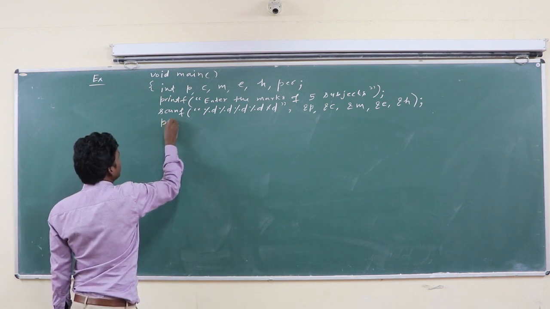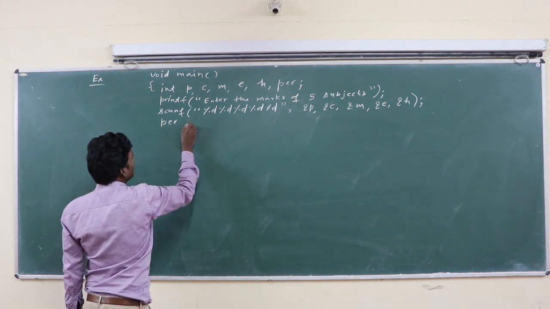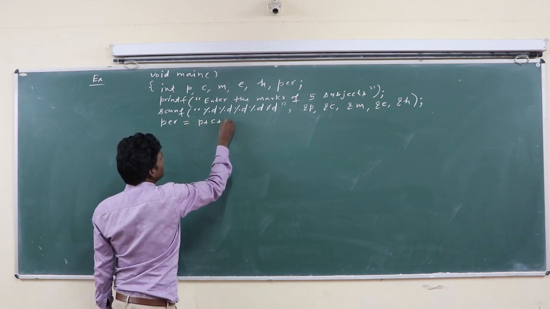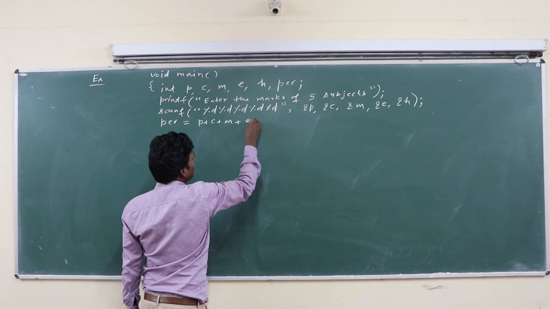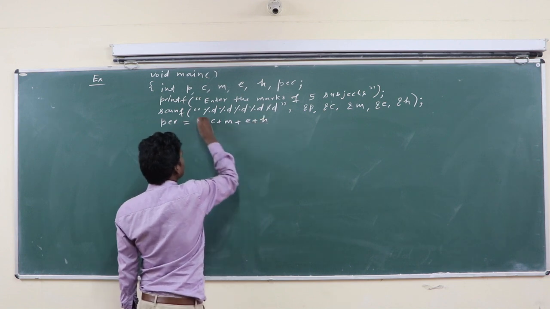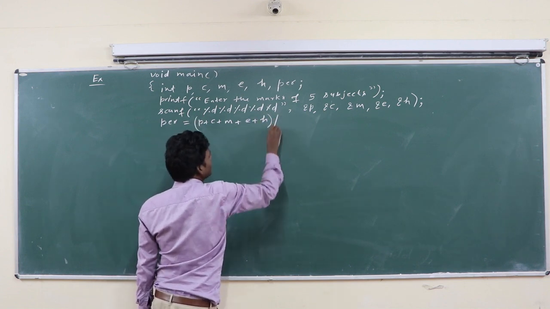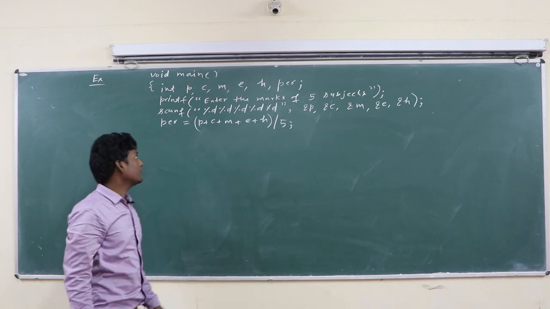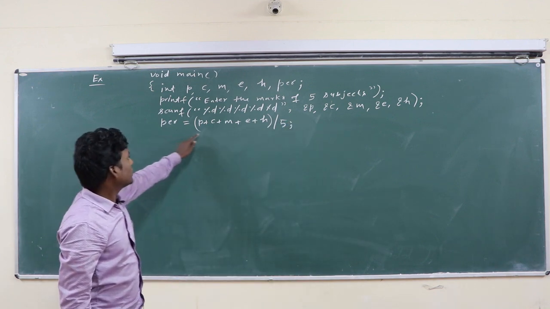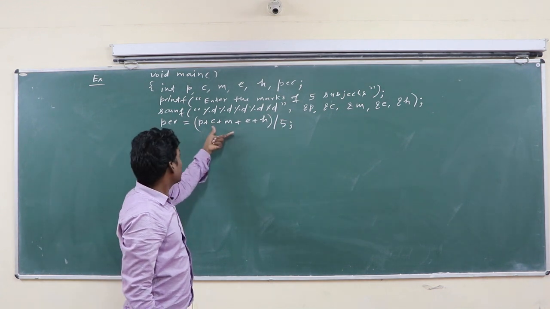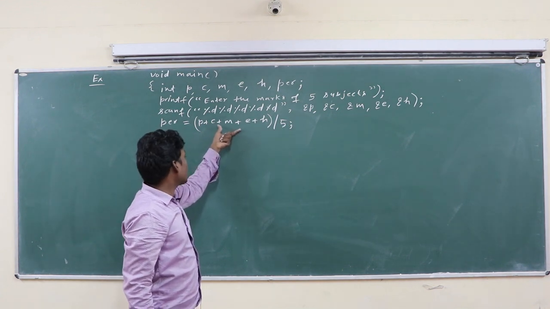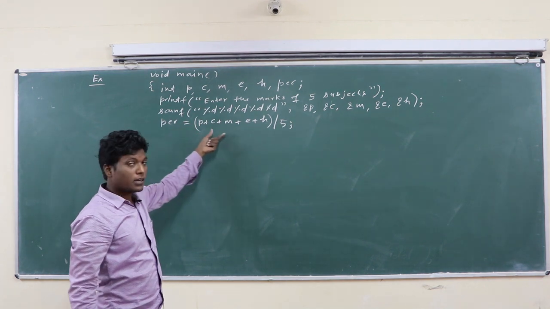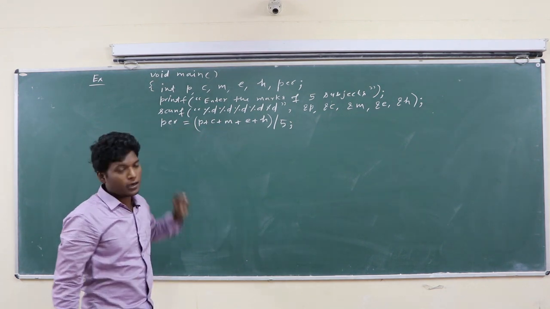Now percentage is: per equals p plus c plus m plus e plus h divided by 5. This calculates the percentage, and the result of the percentage is assigned to per.